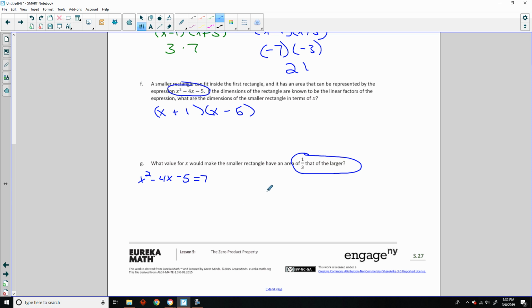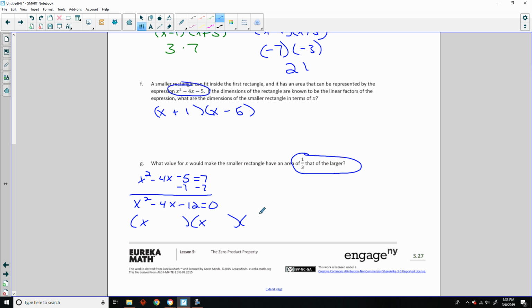Okay, what do we do next? We're solving a quadratic. This must equal 0, so we can use the zero product property. I will subtract 7 from both sides, and now I get x squared minus 4x minus 12 equals 0. I will do my factoring.